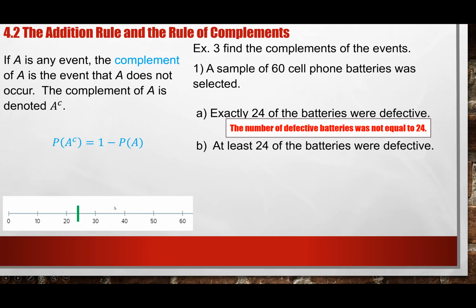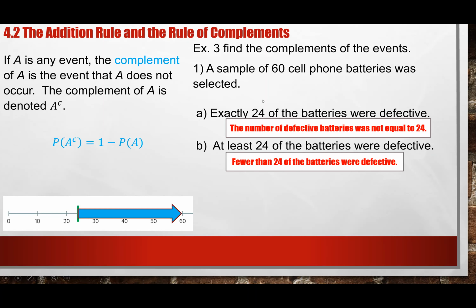Now, number B, at least 24, tells me that, again, start from 24 and go all the way up to your maximum number. But also you have to include the 24. So again, the complement of this will be, you can say, 23 and less, but instead of saying 23 and less, we say fewer than 24.